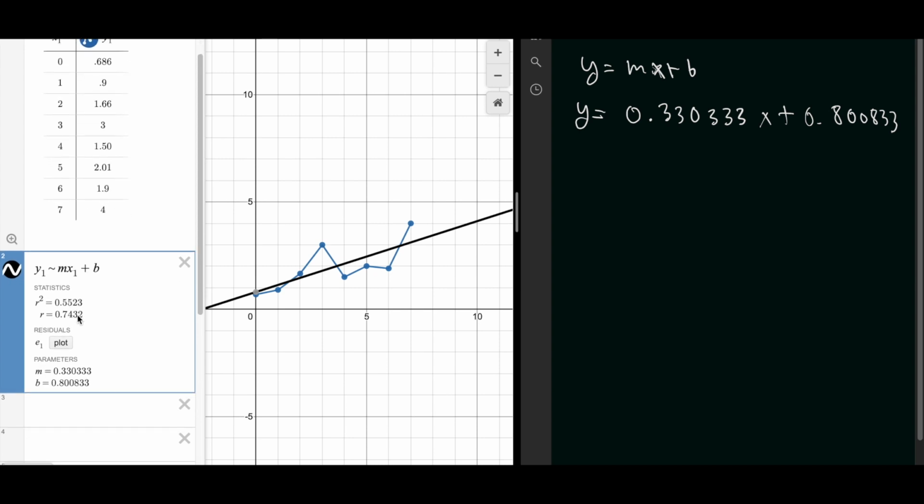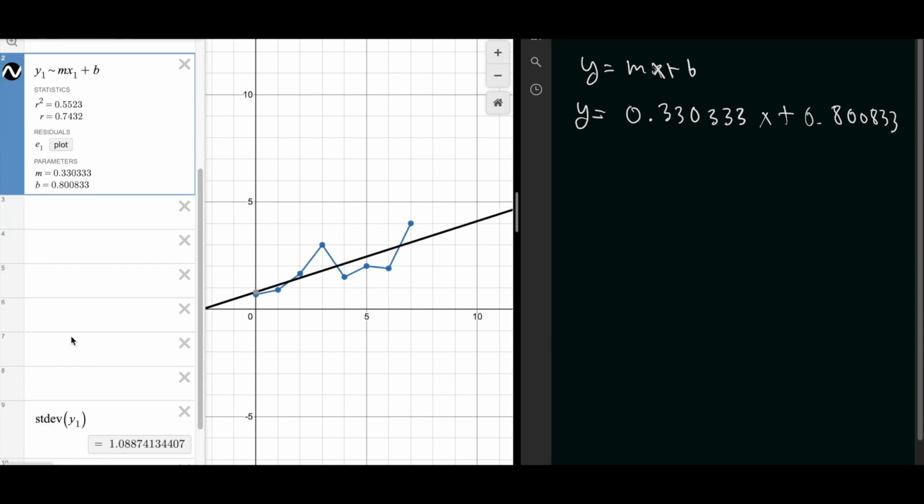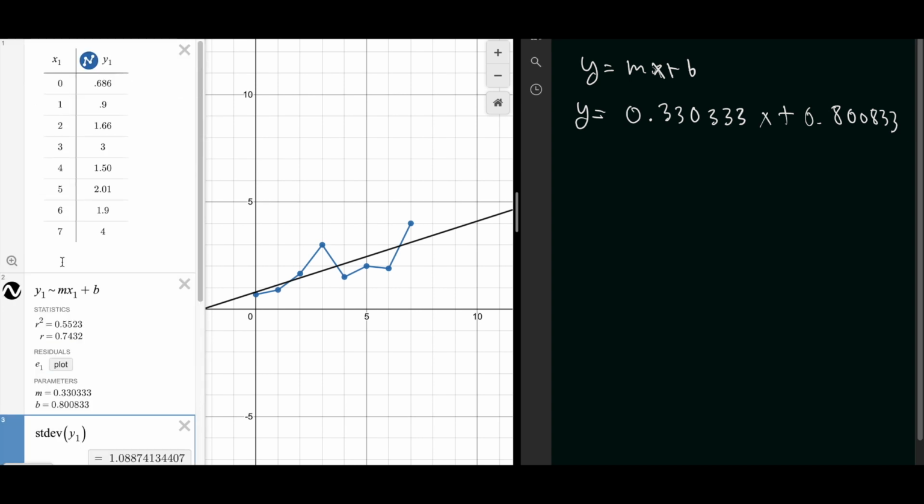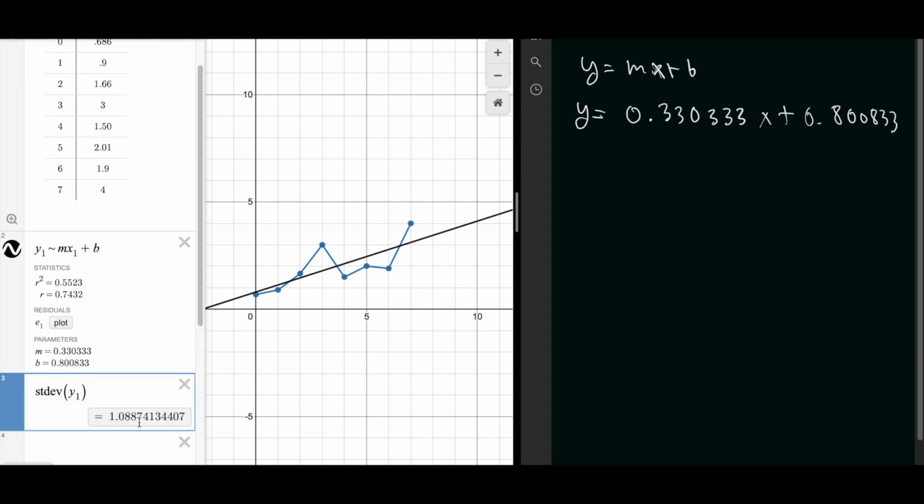We can thankfully also do that over here. We just type in the equation and it'll calculate it for us. Right here it says the standard deviation of y1 is equal to 1.089. Let's just round it up.